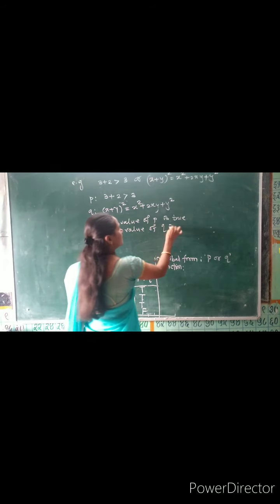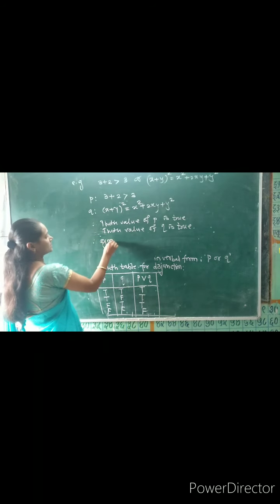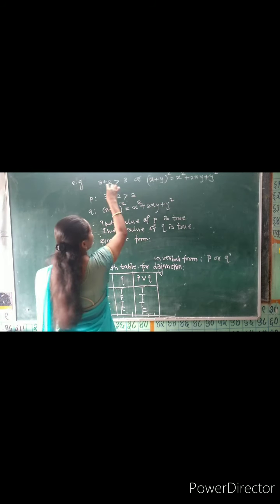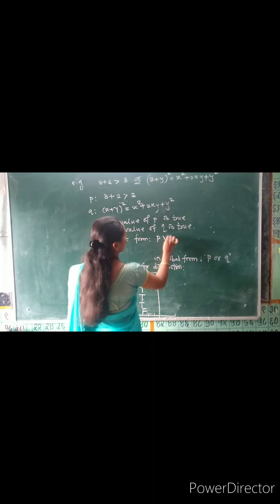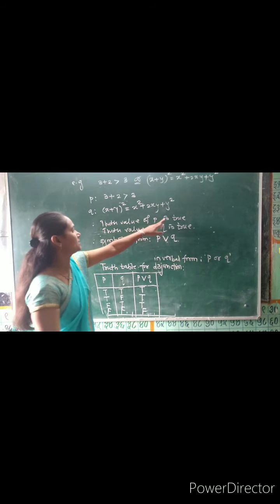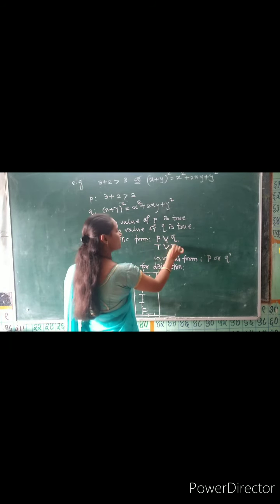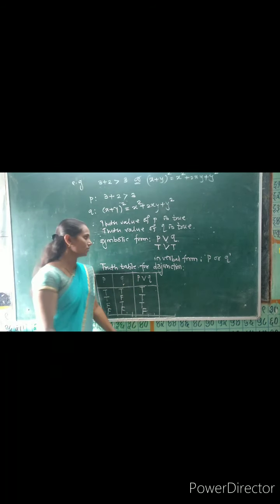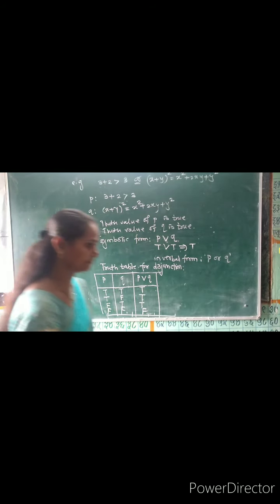The symbolic form of our statement is P or Q, where the truth value of P is true, and the truth value of Q is also true. All of you know that if both these statements are true, then their disjunction is also true. Therefore the truth value of our statement is true.